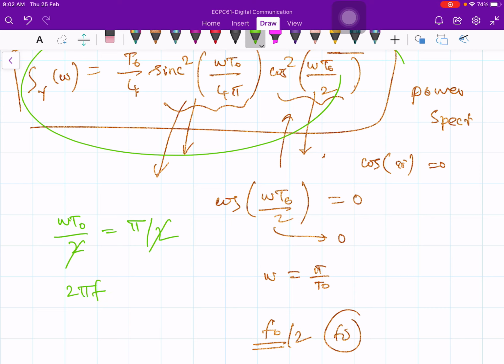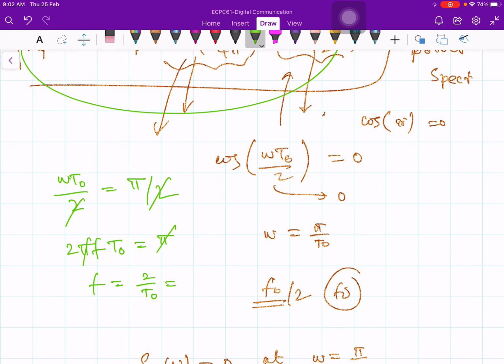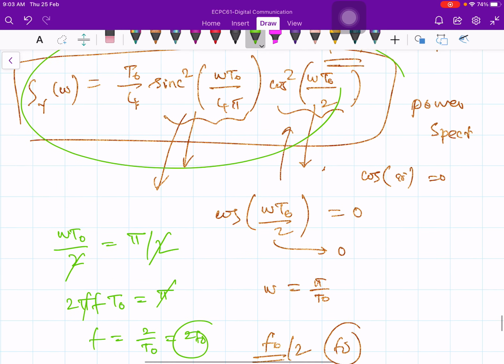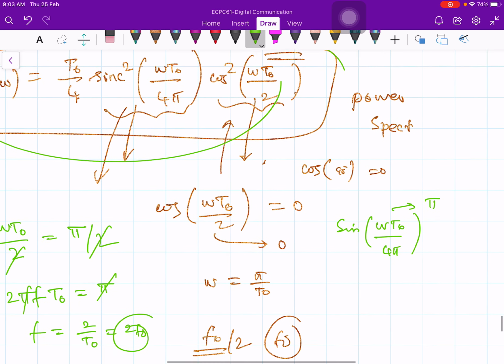So 2 pi f t naught is equal to pi will get cancelled, f is equal to 2 by t naught, right? Oh my god. I had some problem, let us see. 2 f naught, okay, so this is not okay. Sinc square function, sin x by x, right? So sine of omega t0 by 4 pi, and this is I have to get pi.